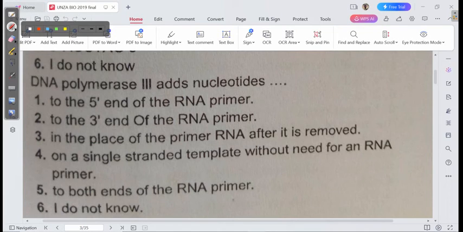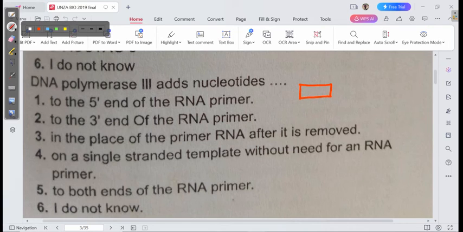So where does DNA polymerase 3 add nucleotides? This one here is with respect to a primer. You know that in the replication, this enzyme, DNA polymerase 3, cannot start adding nucleotides from scratch. It needs a primer, which is just a short sequence of RNA bases. So where does this enzyme known as DNA polymerase 3 add its nucleotides to this primer?